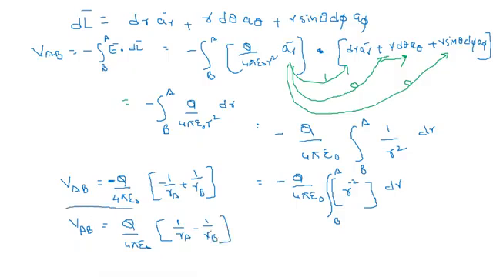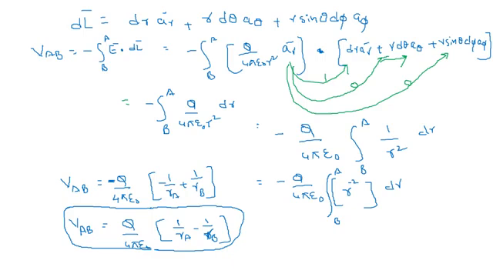This is the final equation of the potential difference between the points A and B.